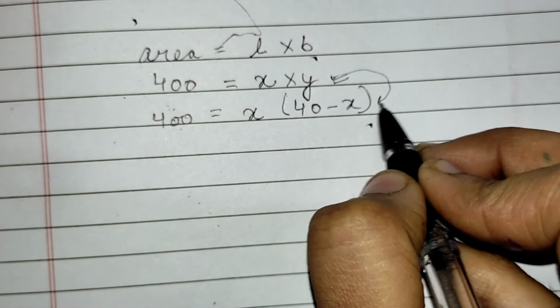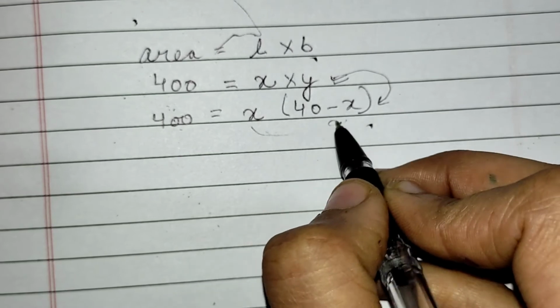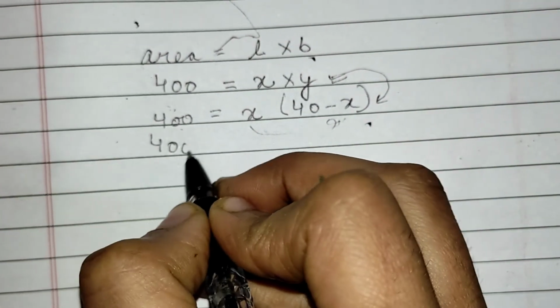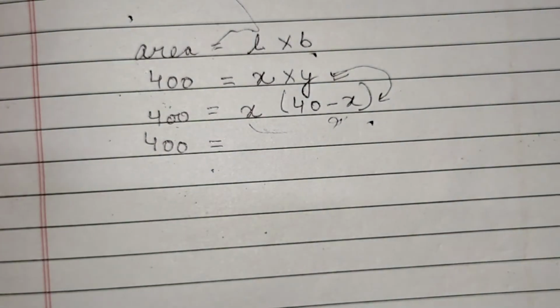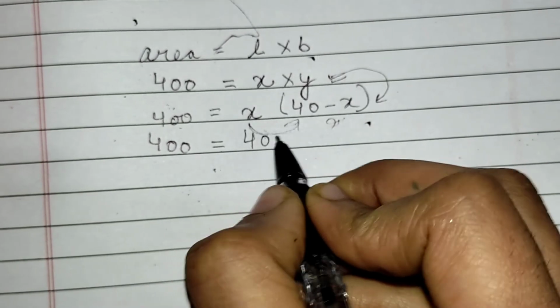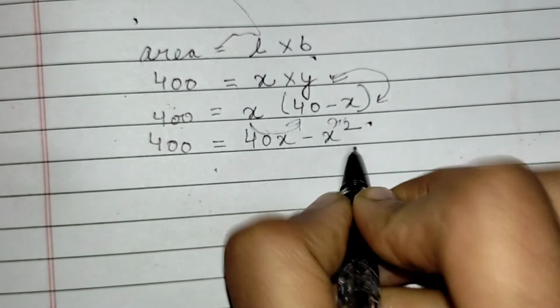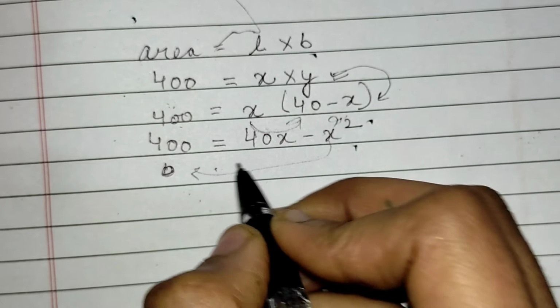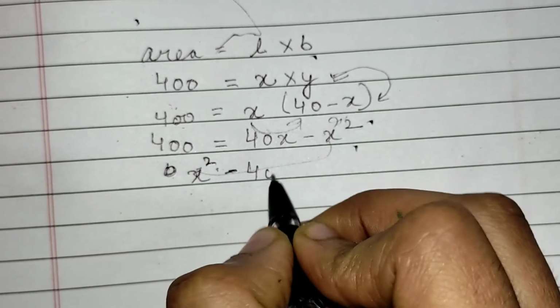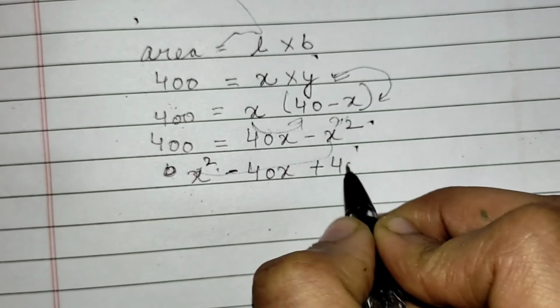I am putting the value of y so that my equation gets reduced to a single variable and I can have the quadratic equation in the next step. Okay, so now solve this. You will get 40x minus x square. Now take this to the left hand side so that our x square coefficient becomes positive.